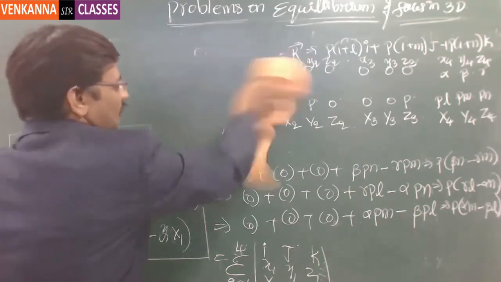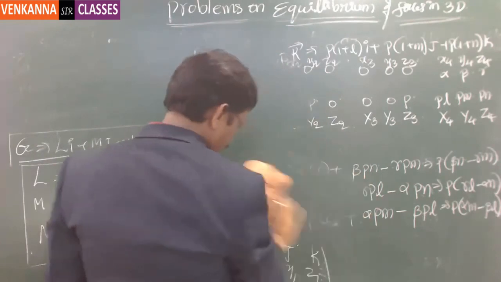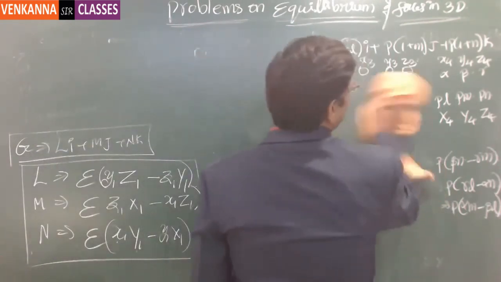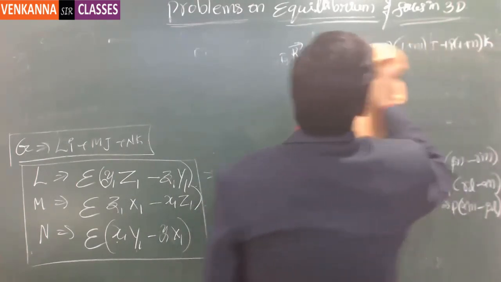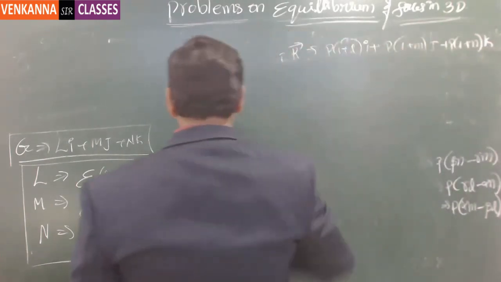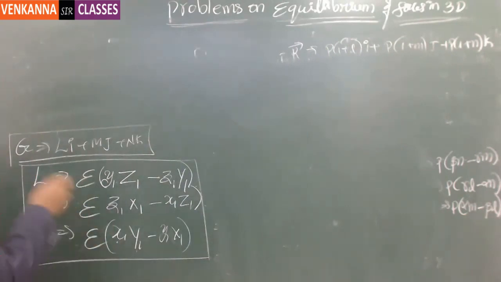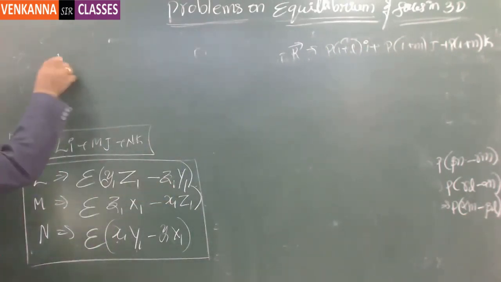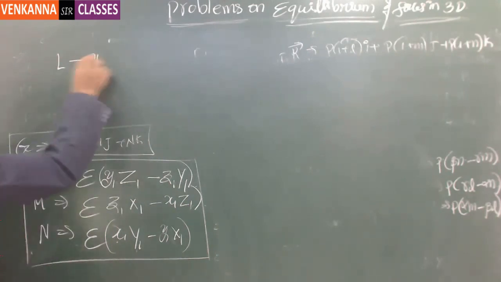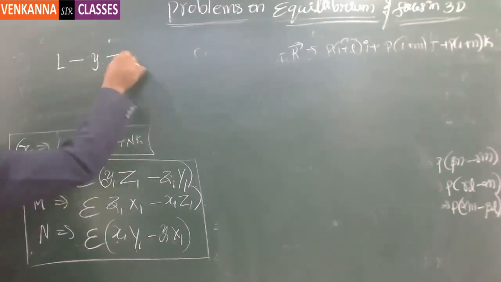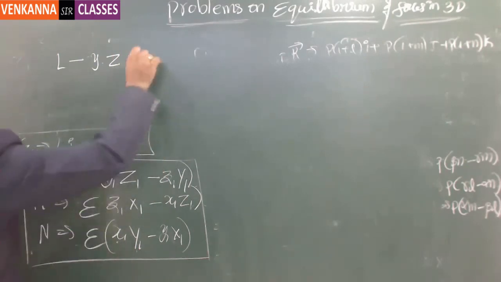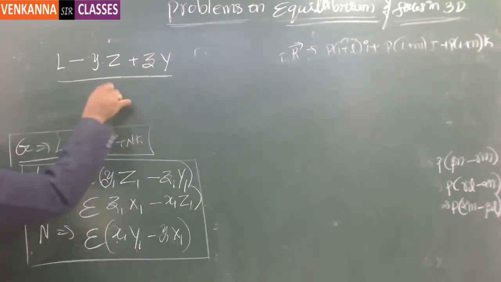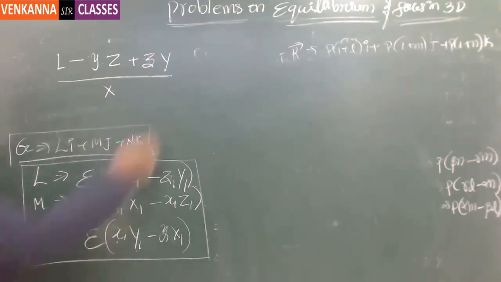So this one is to calculate the value of G. So once you got the value of R and G, the equation of the central axis is, for this you bring this to this side, that is L minus Y capital Z plus Z capital Y divided by X. So this is how you have to take it.